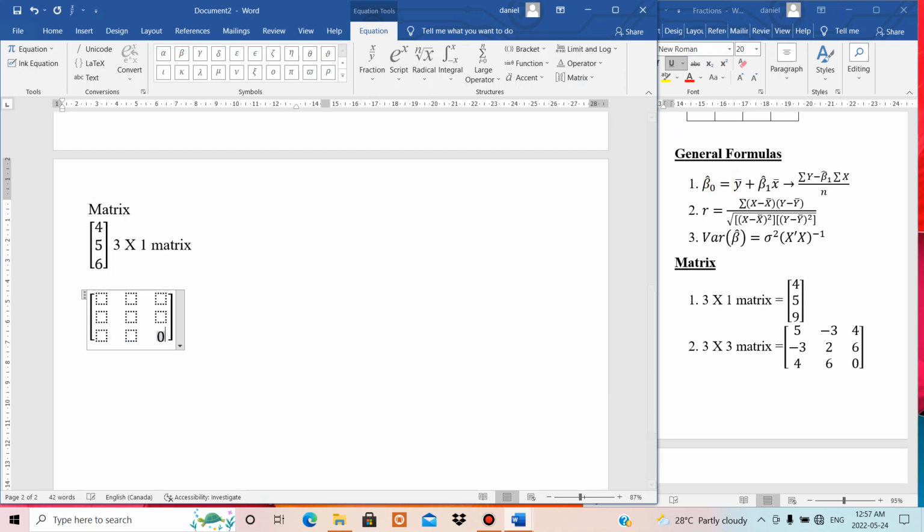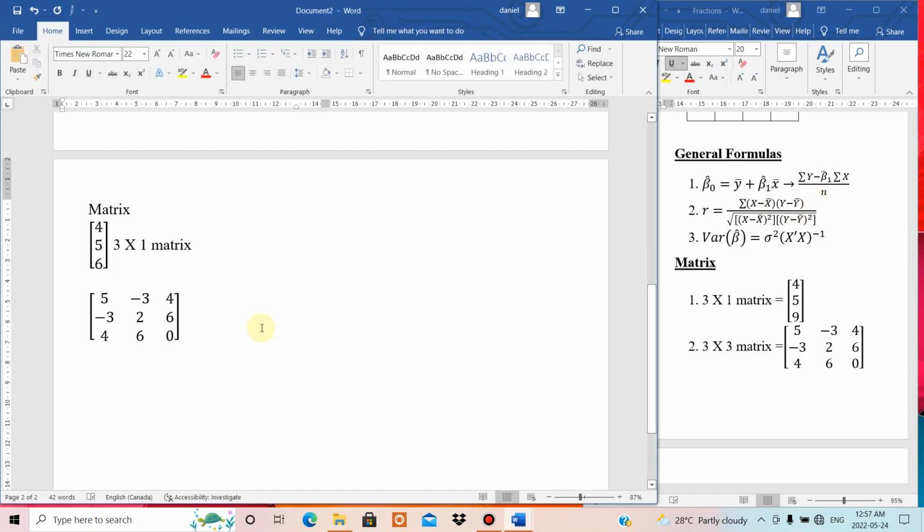So this side has 0, 6, 4, 6, 2, -3, 4, -3, and 5. So that is that. We've been able to key in our 3 by 3 matrix.